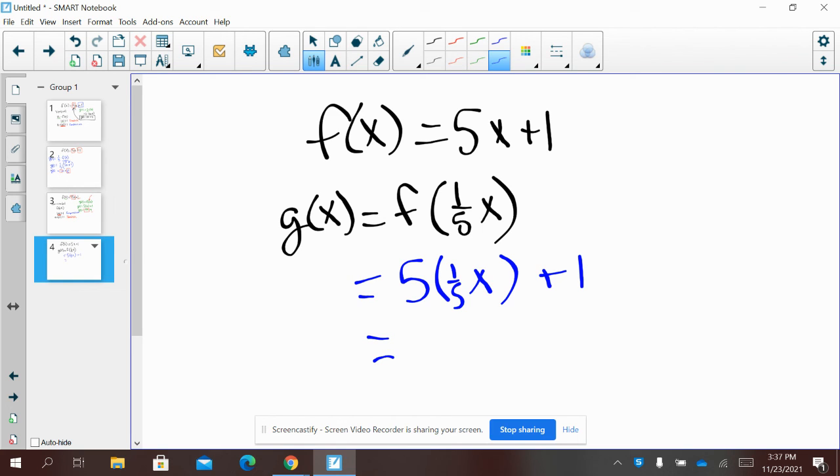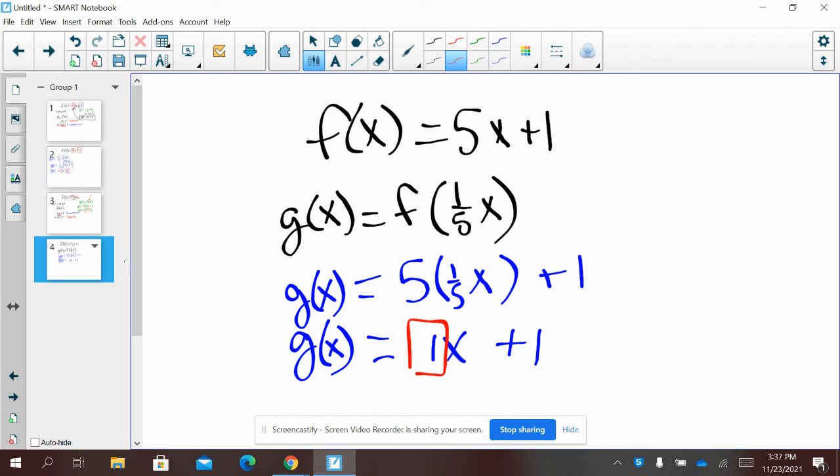So 5 times 1/5 is 1, so I have 1x here plus 1. So you'll see that g of x is equal to 1x plus 1. Our slope changed from a 5 to a 1, but our y-intercept remained the same.